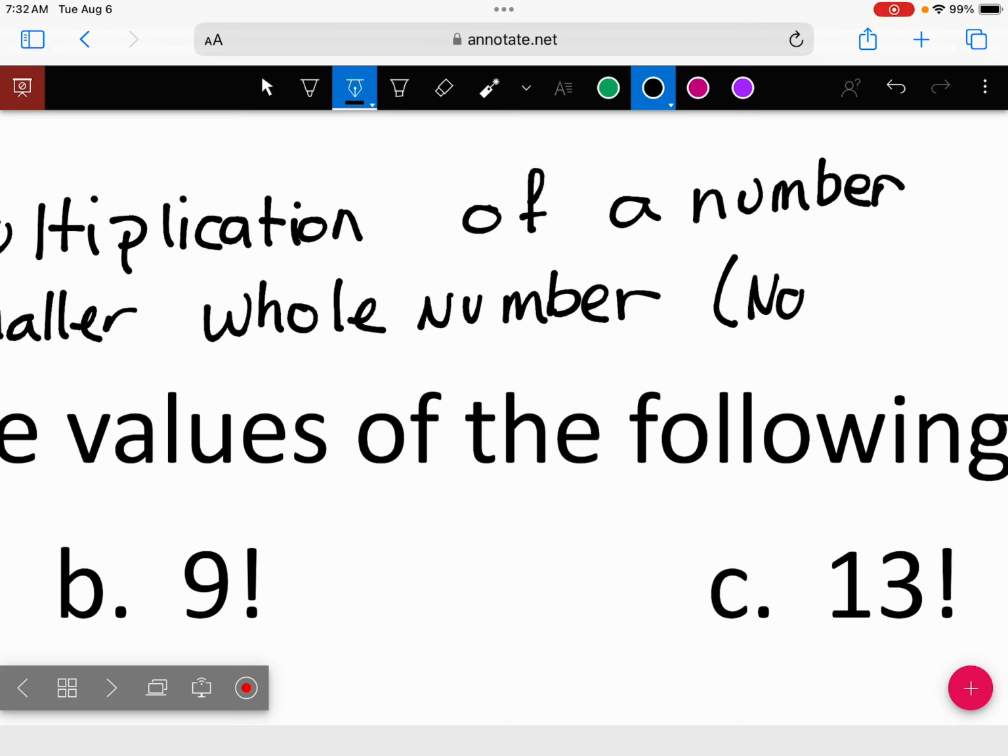Not 0. I'll show you what I mean in a second. So we're going to take these numbers and we're going to multiply them by every smaller whole number, down to 1.